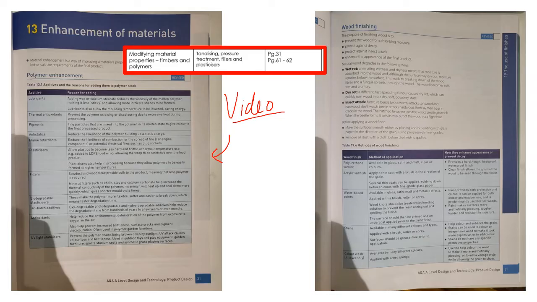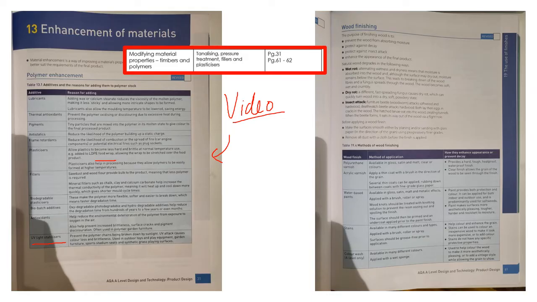Things like cling film would have a plasticizer in it to make it a bit more stretchy. And also things like UV light stabilizers. So you might, for example, put a UV stabilizer into a plastic that's outside to stop it degrading in the UV light.